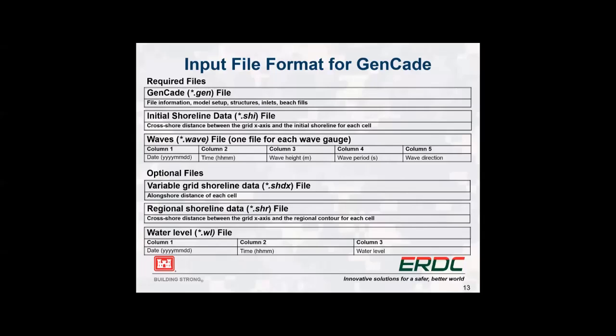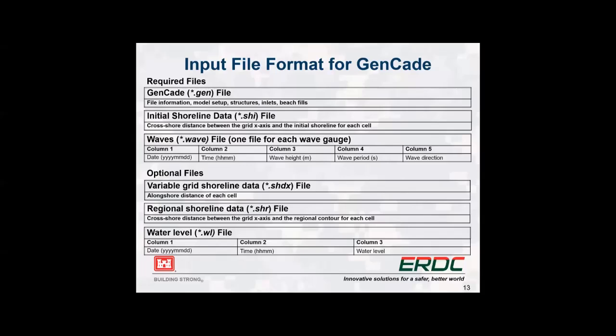The regional shoreline contour file gives you the regional shoreline contour. What that does is take the initial shoreline, subtract out the regional contour, and then that's what is used for calculating the sediment transport for each time step.